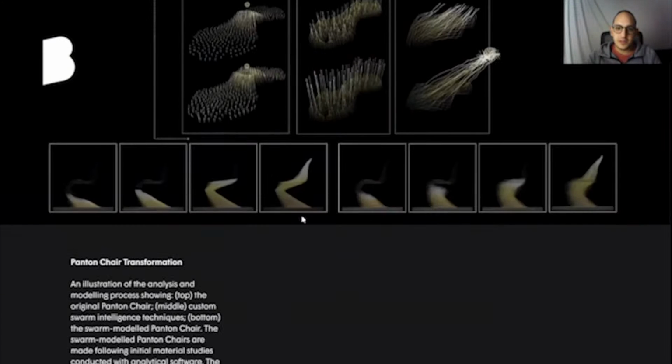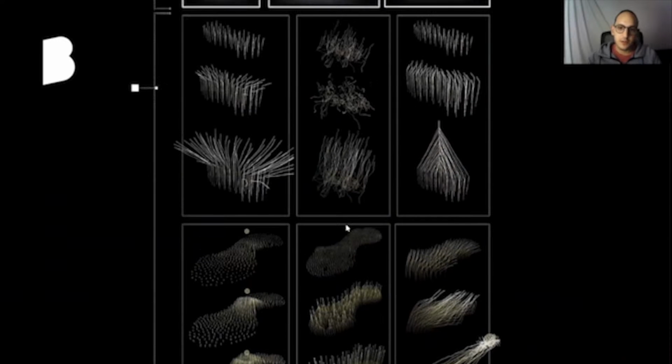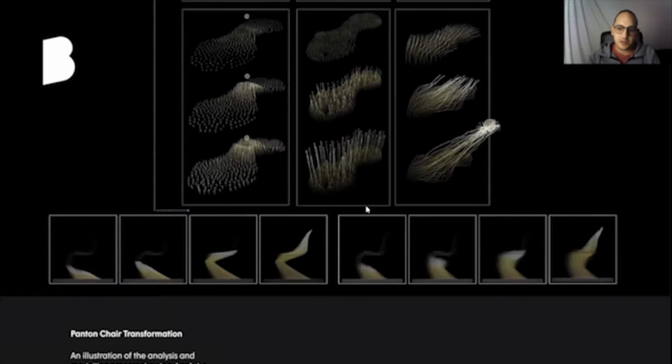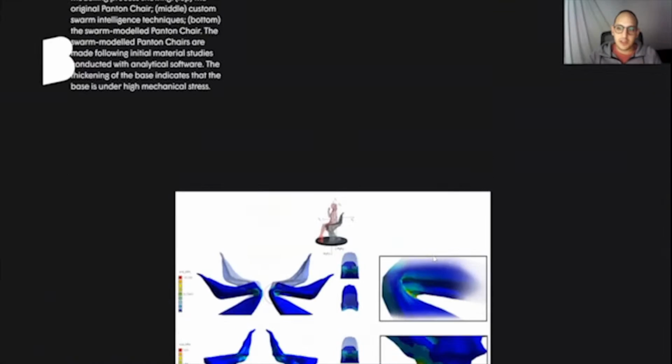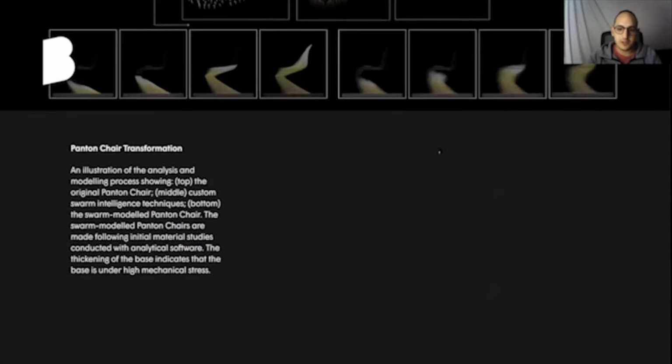So as a result, the swarms are then readjusted and re-steered in order to thicken the area of high stress. The areas are dictated by the color-coded geometry, and as you can see on the right-hand side here, at the critical areas, the swarms were adjusted to thicken the base and provide a more robust foundation.